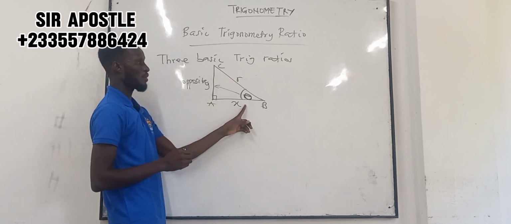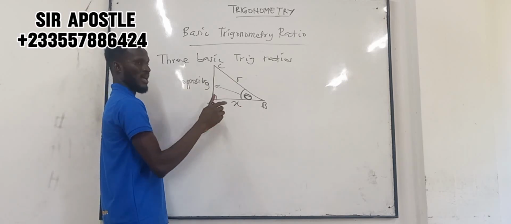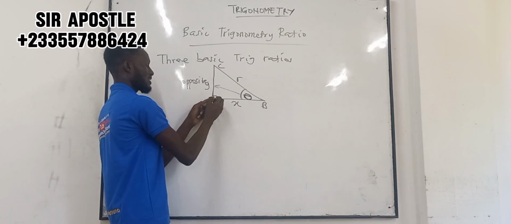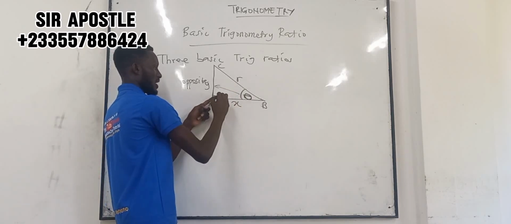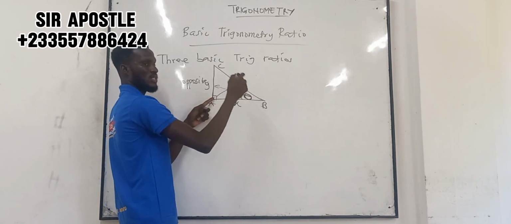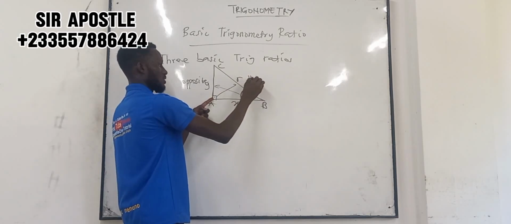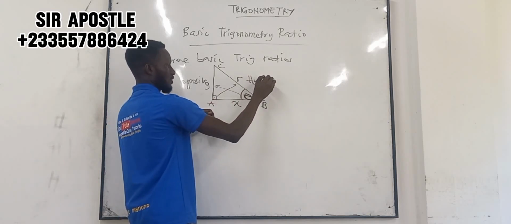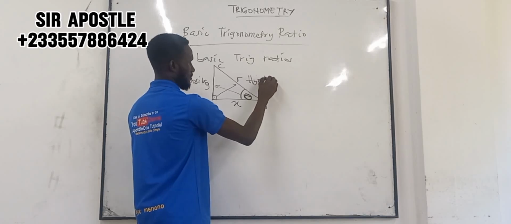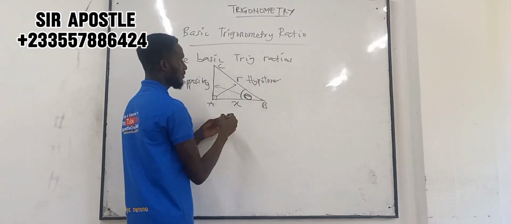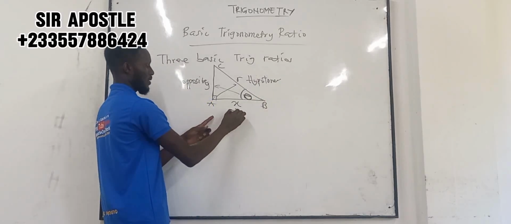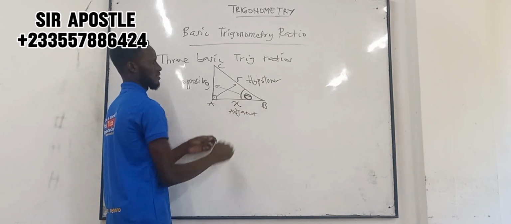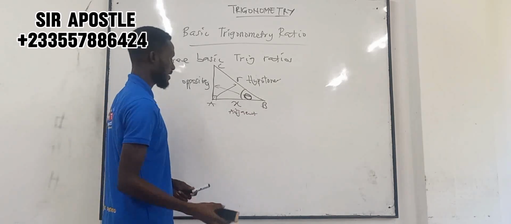And as we know already, where the 90 degrees faces is always the hypotenuse. And then here becomes our adjacent, in that order.